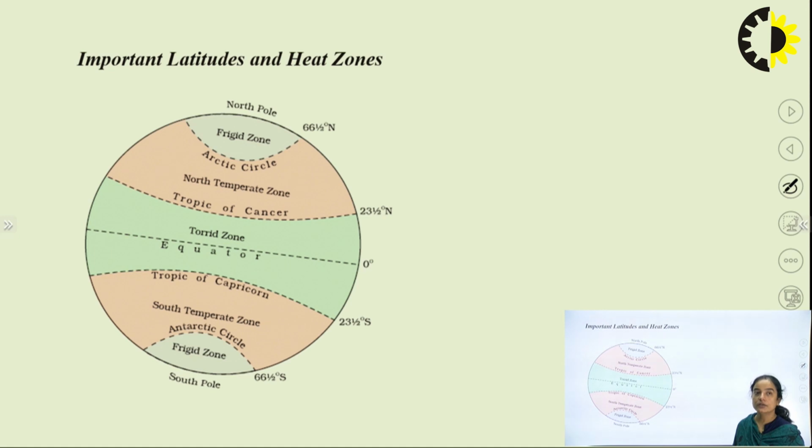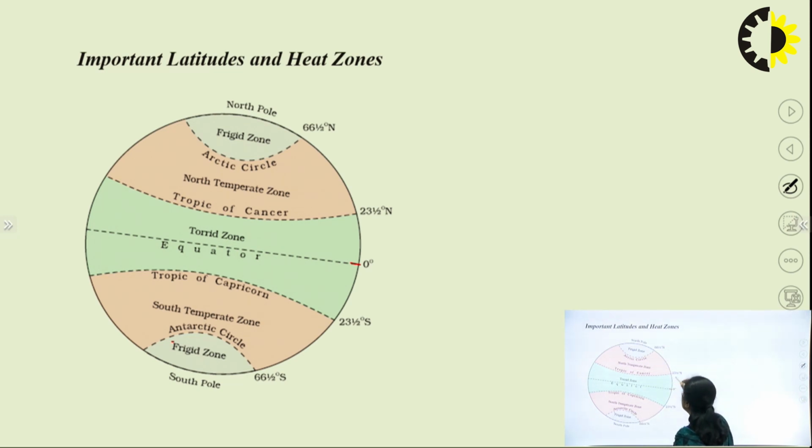So here, depending on latitude, heat zones are divided. So this is the equator, this is the Tropic of Cancer, this is the Tropic of Capricorn, this is the frigid zone at North Pole, and this is the frigid zone at the South Pole. This is the Arctic Circle in North Pole, and this is the Antarctic Circle.